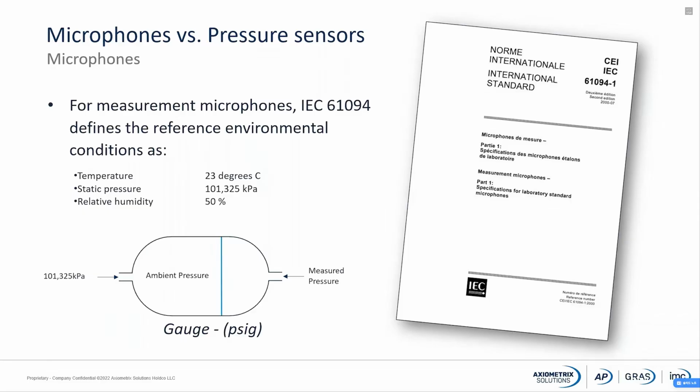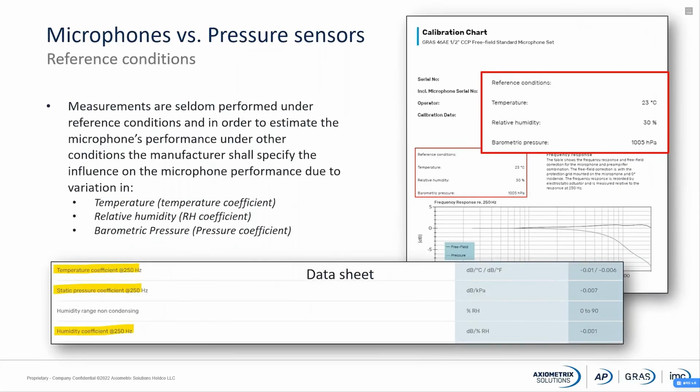When you buy a microphone, you're always getting a calibration chart together with the microphone, and there you can see there is stated the reference conditions for this calibration. For the temperature, it was 23 degrees when we did the calibration. The relative humidity was 30%, and if you remember, in the standard, it was dictated 50% relative humidity, and the barometric pressure during our calibration before it was sent to the customer was 1005 hectopascal.